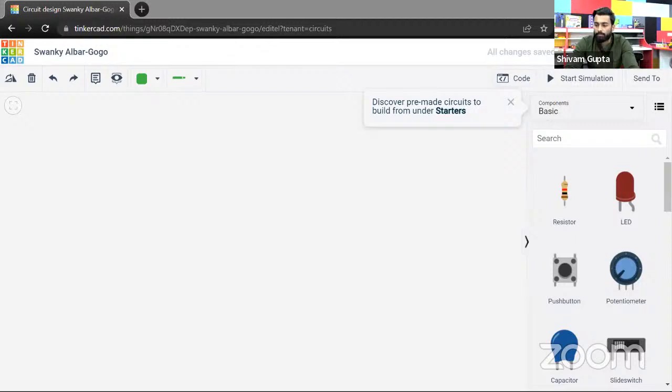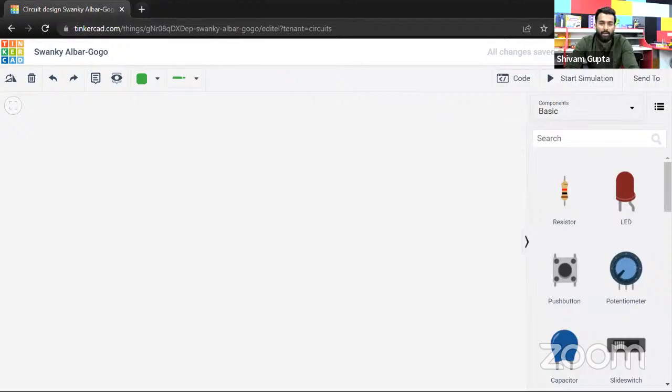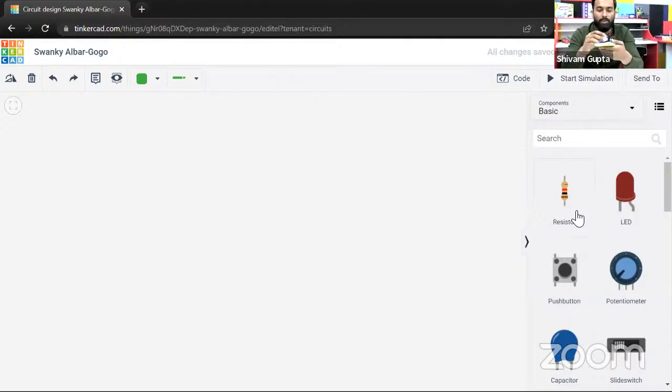So for making a circuit, we need the components, right? Like today in this session, we will be making the LED brightness, or we can say LED glowing circuit. And in this circuit, as you can see, we have used several electronic components.